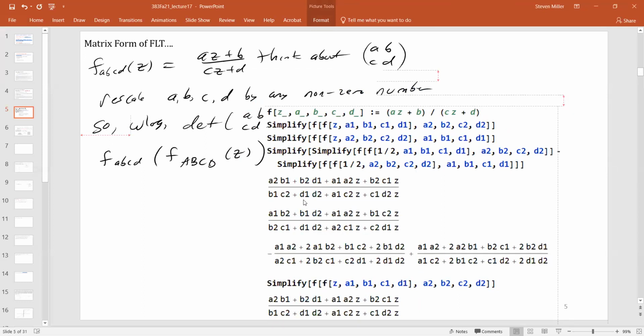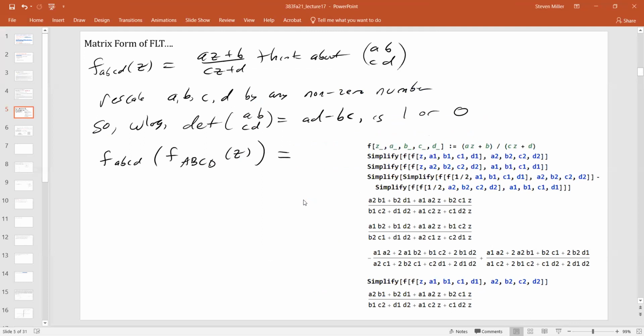When I look at this, over here, this looks like an FLT, right?